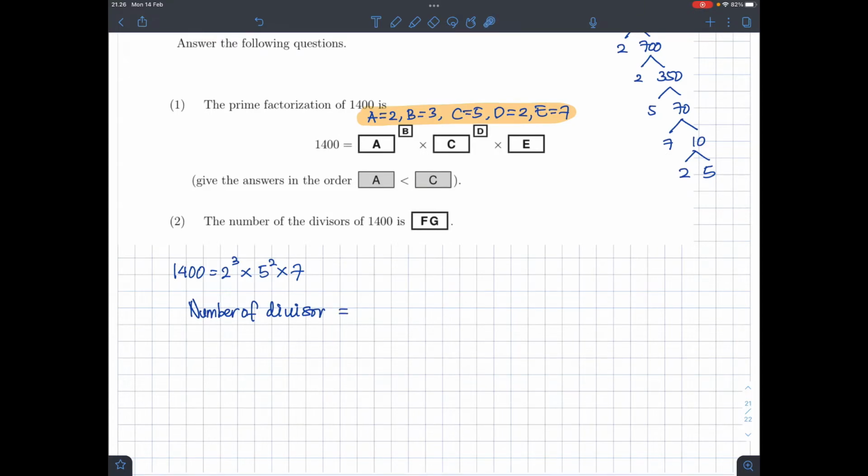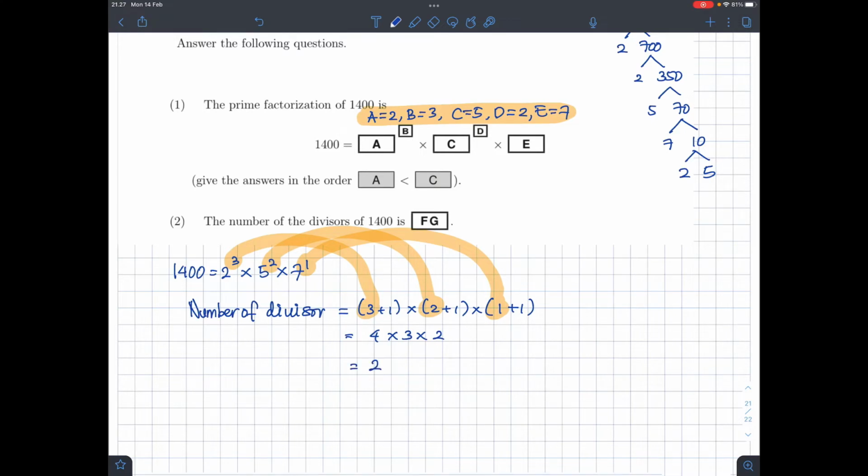Just add 1 to every power and multiply: 3 plus 1 times 2 plus 1 times 1 plus 1. This 3 comes from here, 2 comes from here, and this is 7 to the power of 1. Add 1 to every power, so you got 4 times 3 times 2, and that becomes 24. This is a very simple theory.